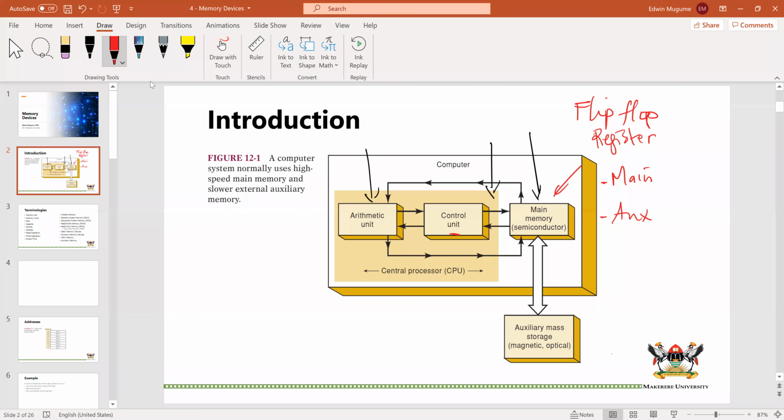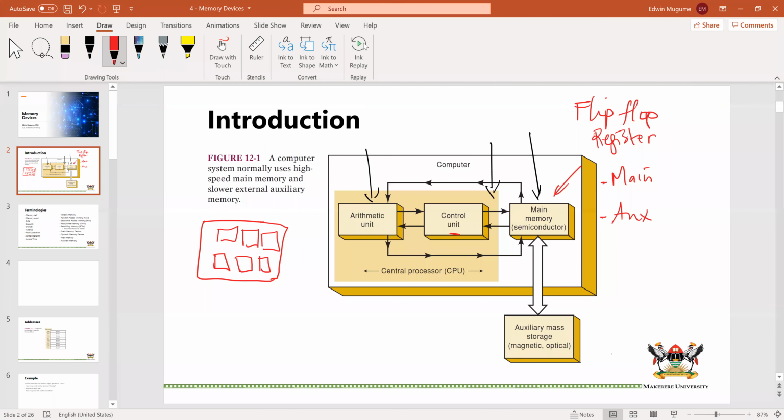Now, usually within the memory, I think you have seen memories. These are integrated circuits, large-scale integrated circuits, or very large-scale integrated circuits. And within here, you're going to have a set of registers, okay? These registers store information, words that are related, and they need to stay together.